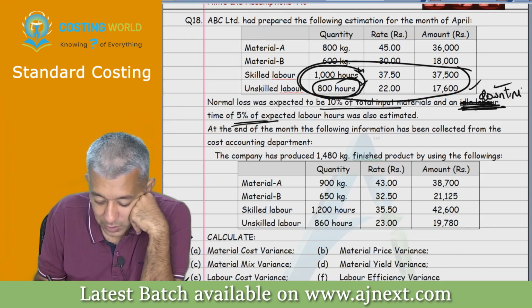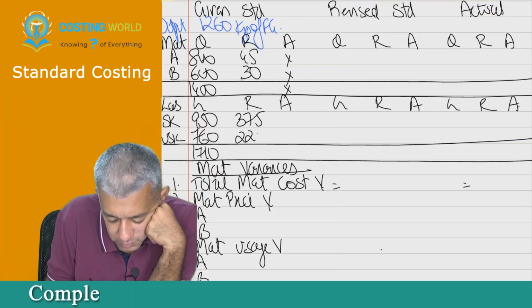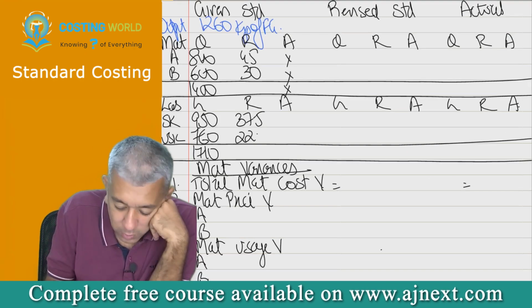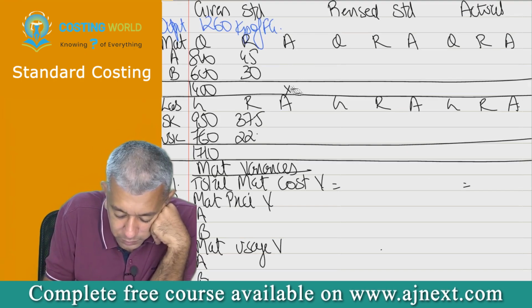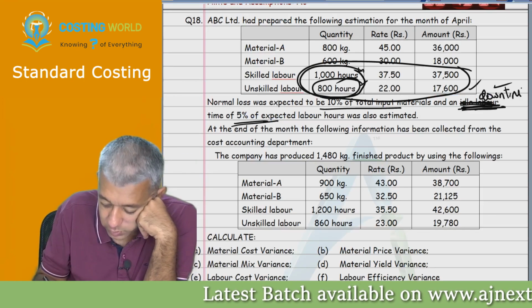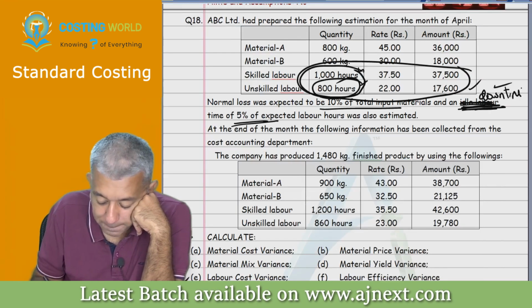Workers should have been paid at what rate? 37.5, 22. Amounts are also there only. What a stupid person I am. Just copy the amounts also now, yaar. 36,000, 18,000.